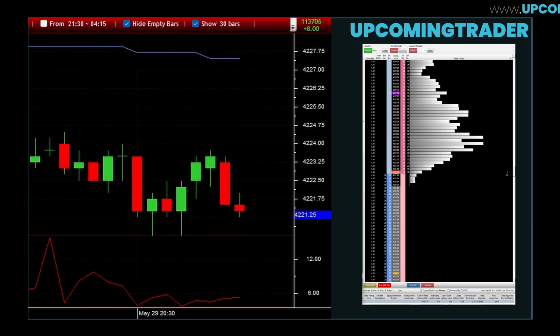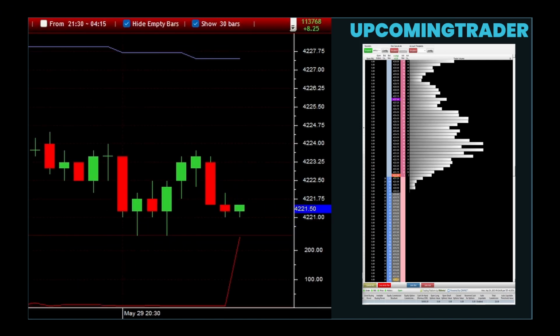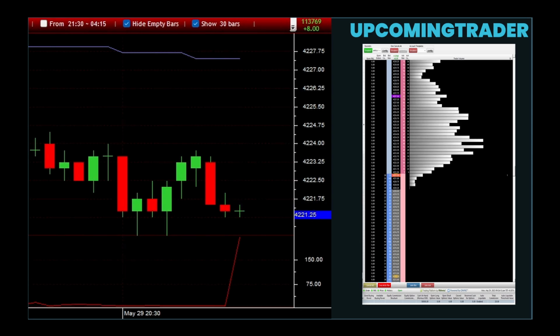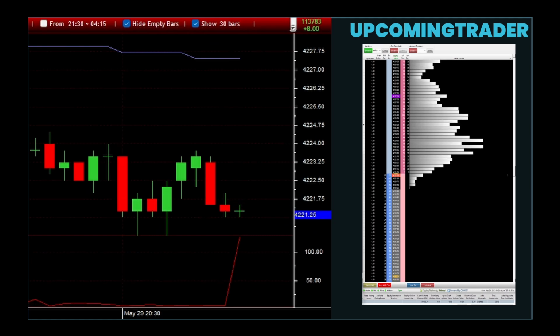If buyers are becoming more aggressive, pushing their orders to higher price levels, it shows bullish sentiment. Conversely, if sellers are pushing their orders lower, it can indicate bearish sentiment. By understanding and combining these signals, you can gain a more nuanced view of market behavior and better predict potential price movements.